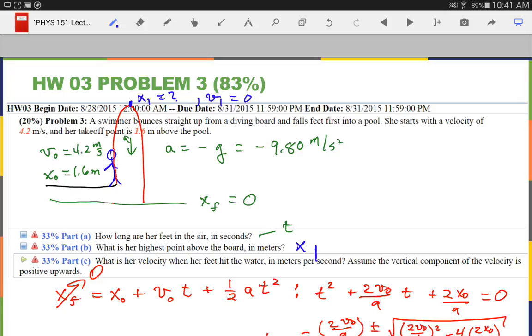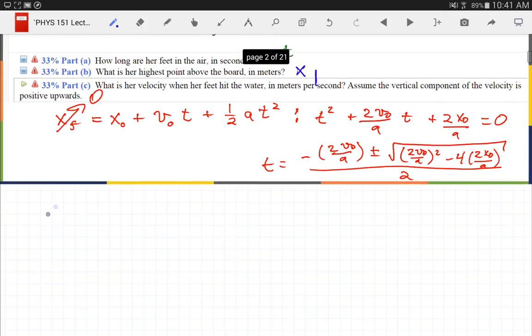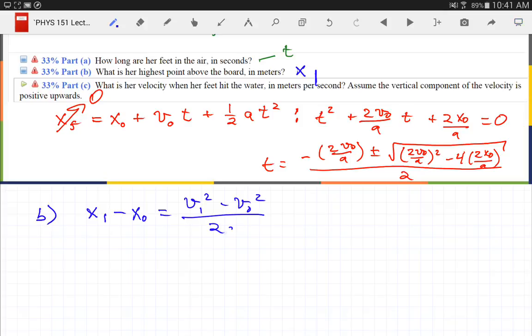Since I don't care about the time, that shoots me straight to, for part B, using the equation, and you can just rearrange it different ways depending on what you're looking for. That equation. This is what I'm looking for.